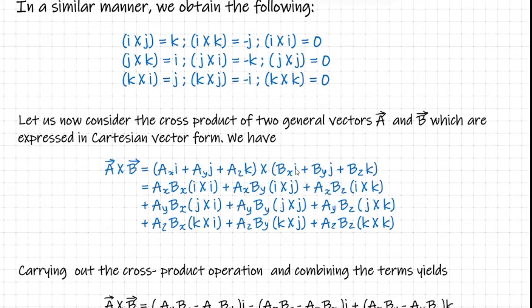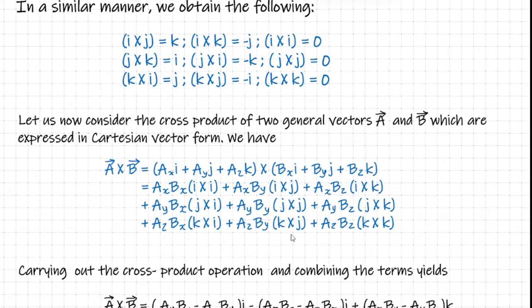So let us carry out the cross product between the various terms and expand it. We will arrive at the expression as shown here. Now we know the result of the cross product between the various unit vectors. For example, i cross j is k, and j cross j is 0.